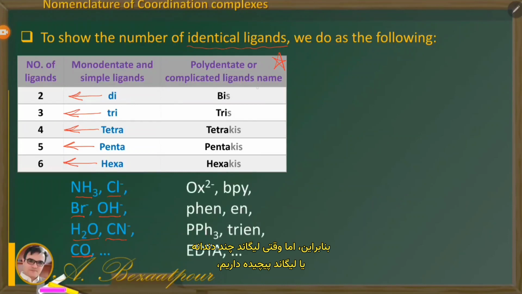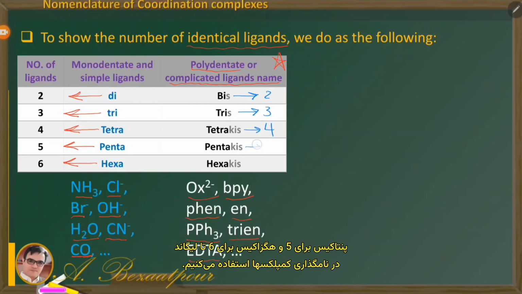But when we have polydentate ligands or complicated ligands such as oxalato, bipyridine, phenanthroline, ethylenediamine, triphenylphosphine, triethylenetetraamine, EDTA, we have to use the prefix bis for 2, tris for 3, tetrakis for 4, pentakis for 5, and hexakis for 6 ligands in the nomenclature of the complex.